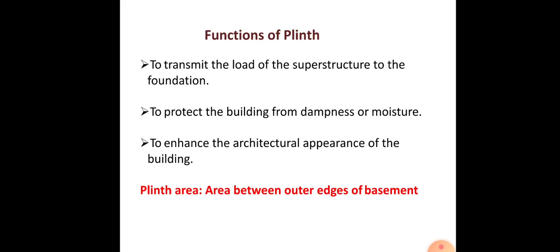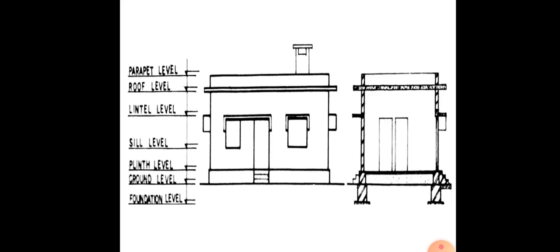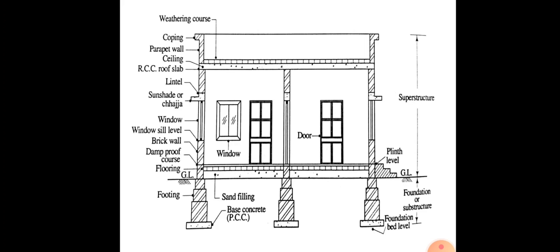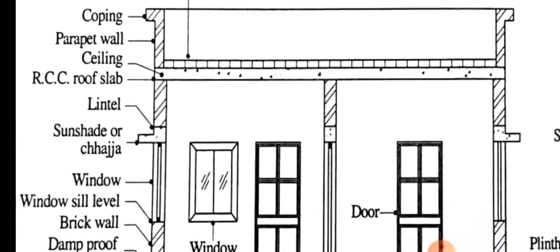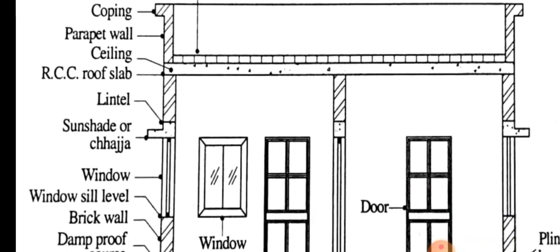You can see, this is a window lintel. So lintels are usually horizontal. You would have seen that in your house also. There is a horizontal beam provided above the openings, mainly the doors and the windows.